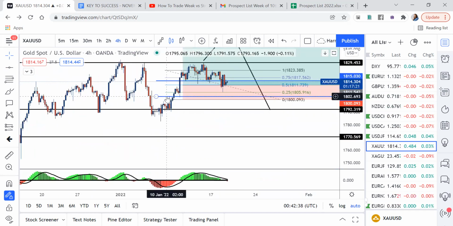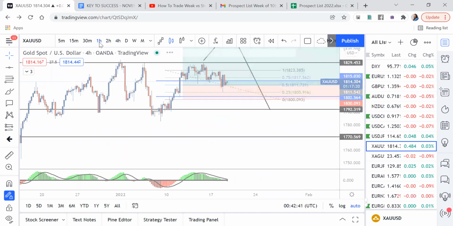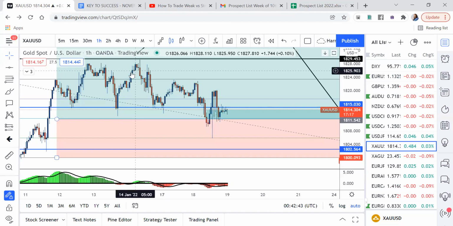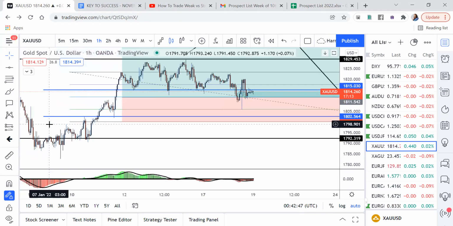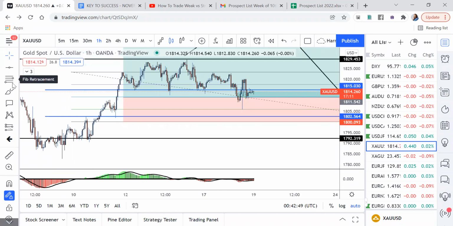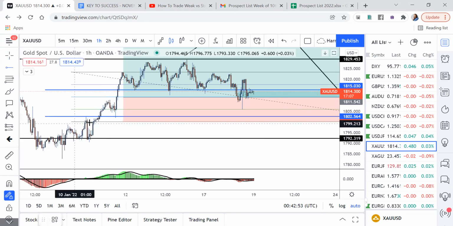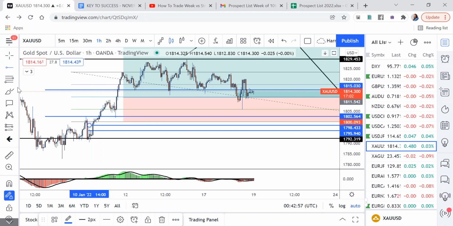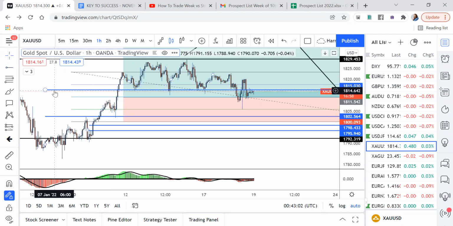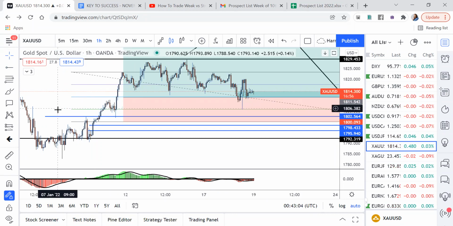For a number of reasons. I knew that the majors were not ready to take their moves yet. And then also I said that gold could potentially come into this zone right here. Right? And I still see that as a potential, to be honest.